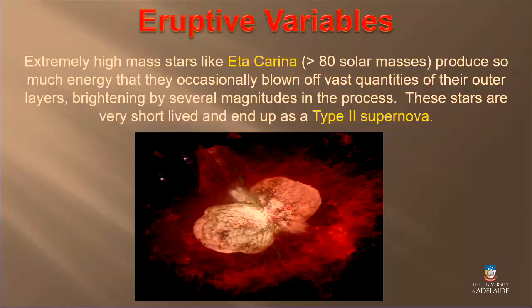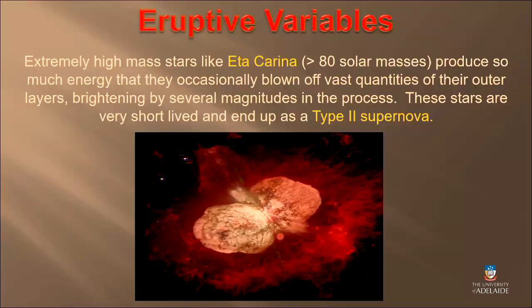The star Eta Carinae, which is buried in here, had a major eruption in 1843, and it blew off a huge quantity of material in this eruption, and these two lobes here are the results of that eruption. And in the process, it became the second brightest star in the sky for about 10 years.